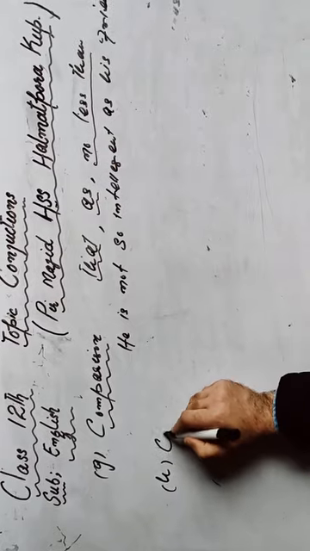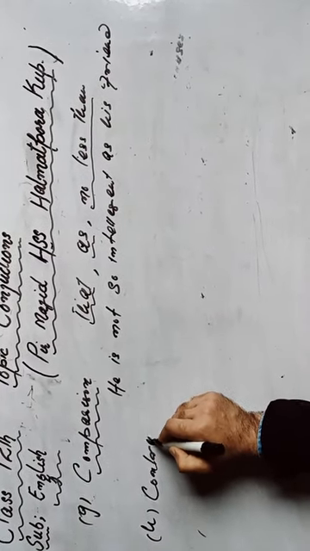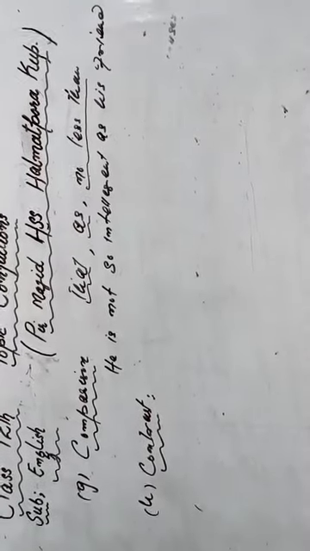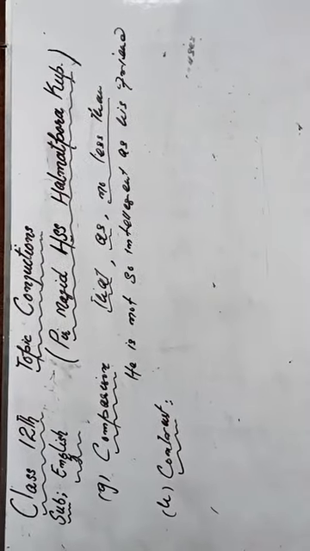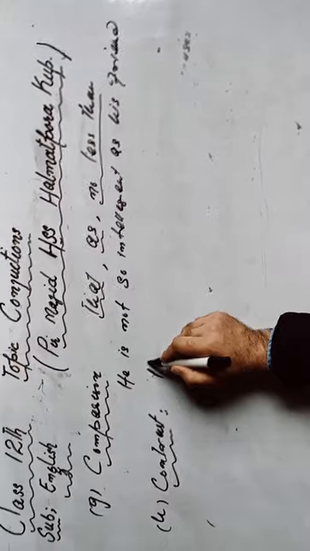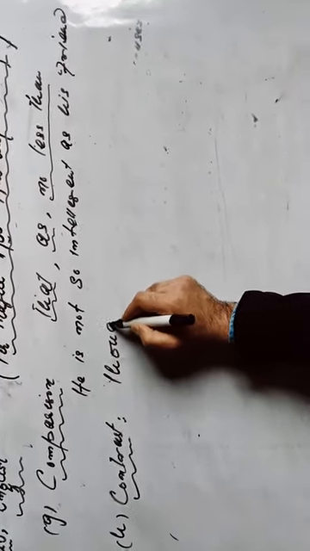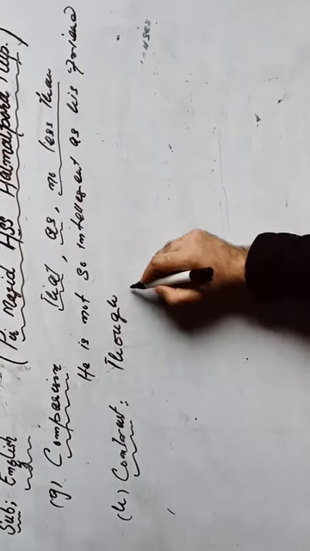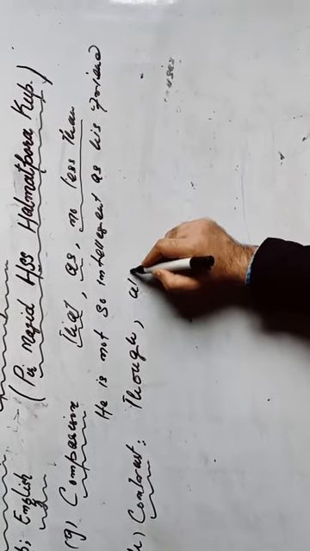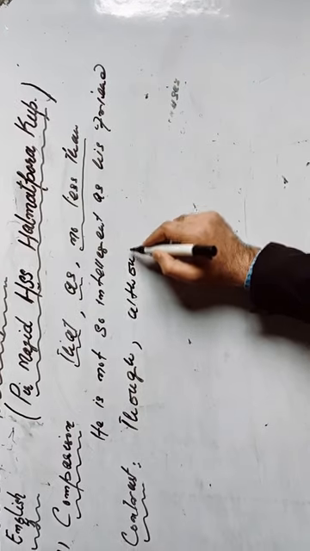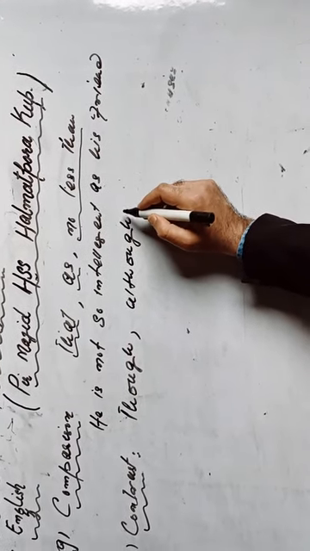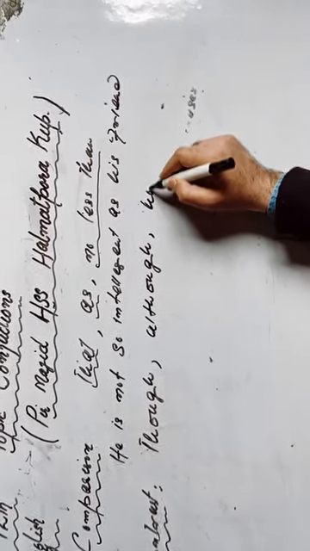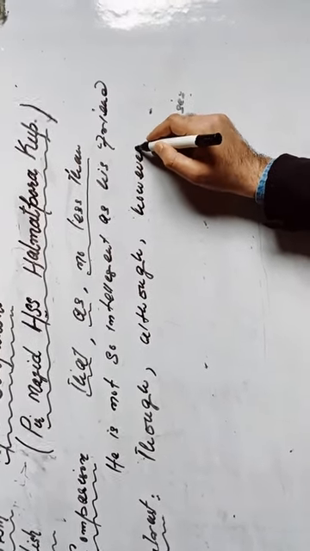And in the final case of mine, for subordinating conjunctions, I do have contrast. Let's see what we are going to use here: though, although, however.